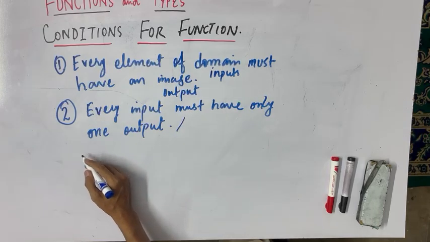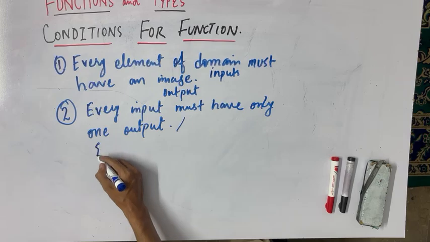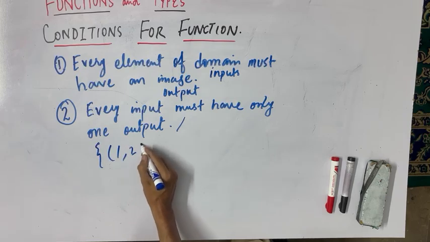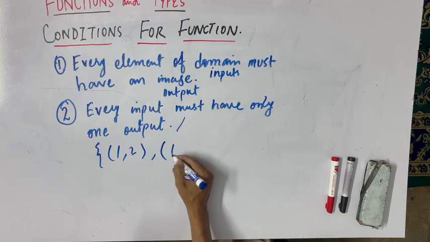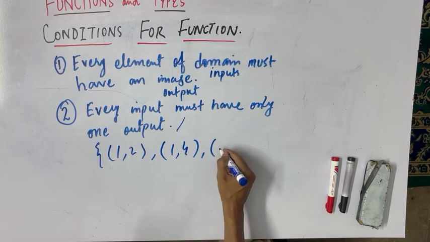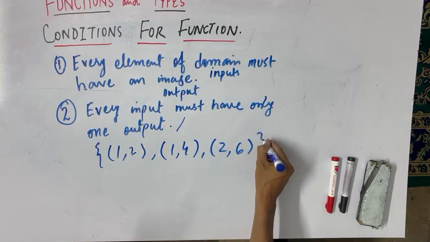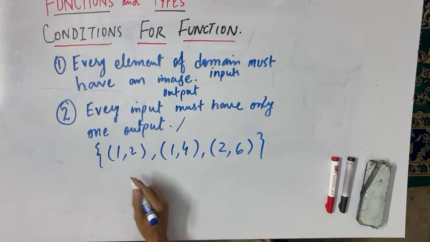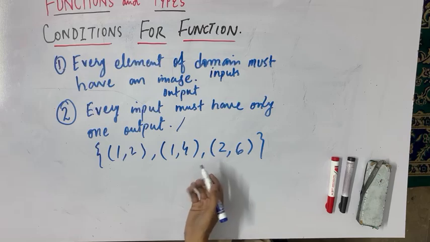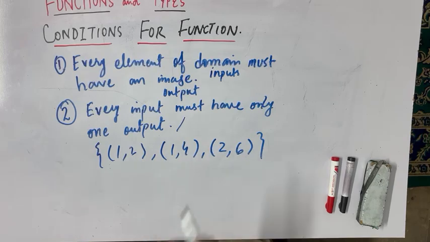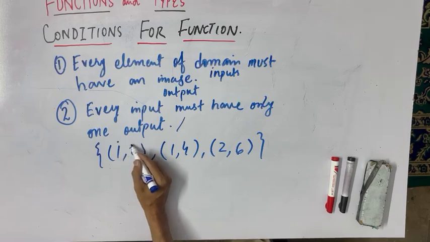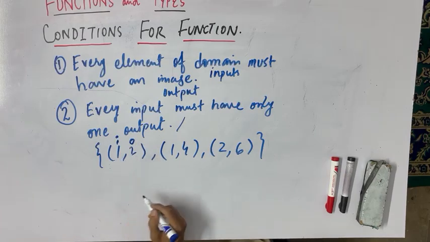Now let's check an example. For example, we have a condition 1, 2, 1, 4, 2, 6. Now if you look at this, this is your input or domain, and these are your outputs or range. You can see over here that this particular input has an output, this particular input has an output 1, 2.